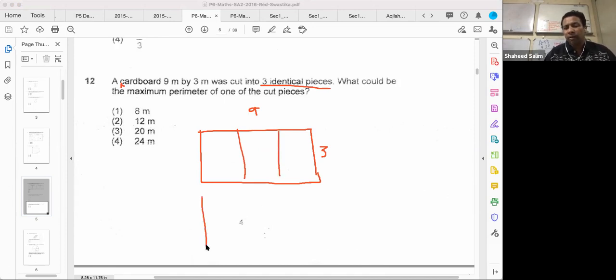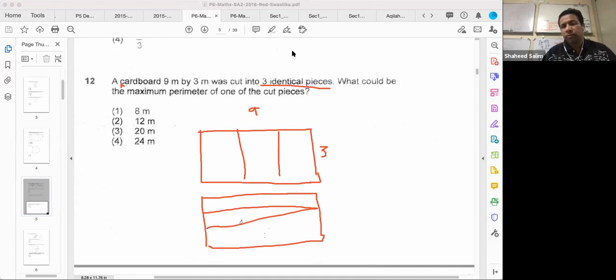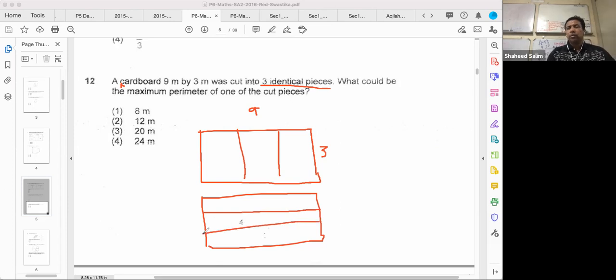Or they can also do it like this. There's only 2 ways to do this question, like that or like this. So what they want you to find out is what is the maximum perimeter of each piece. So which side are we supposed to find? You can try to find this side. How much is it?